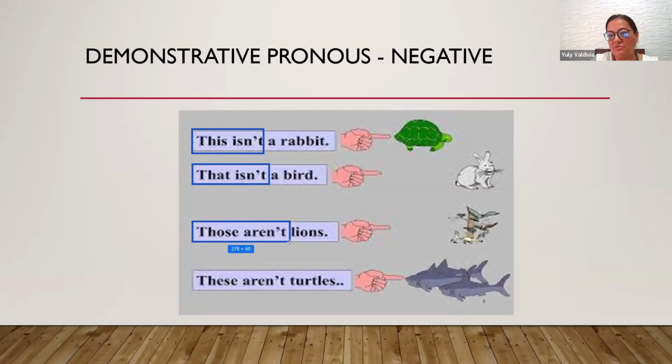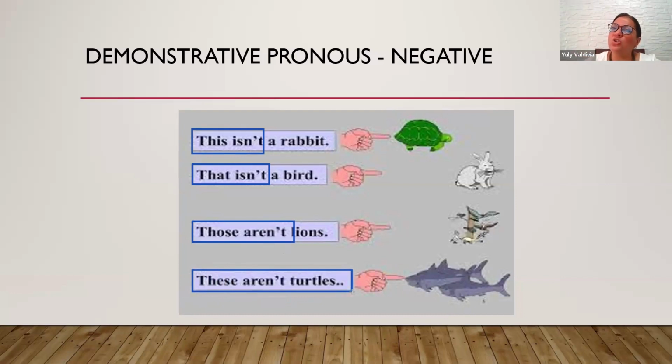Those aren't lions, guys. Those are, I guess that those are birds. And what about this? Wow, sharks. So this, you see the hand is really, really near. So we say these aren't turtles. Wonderful.